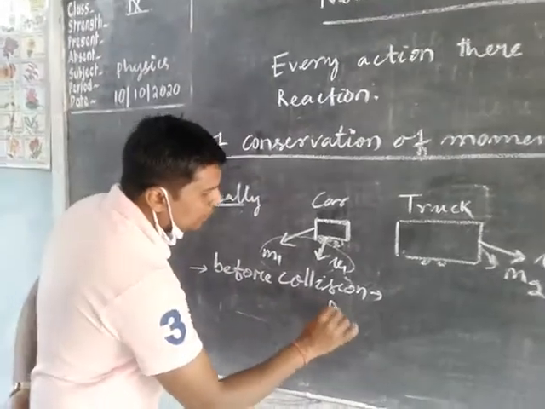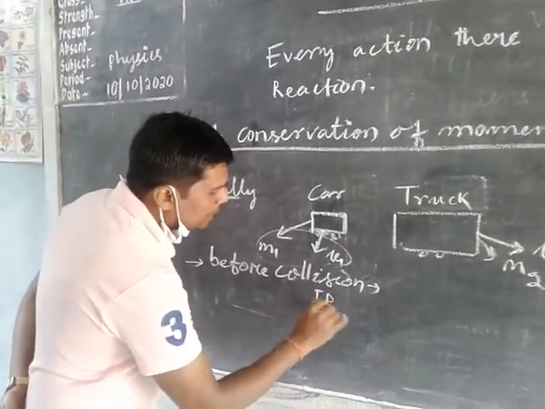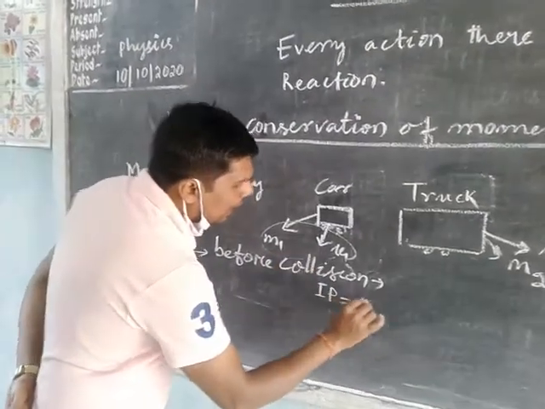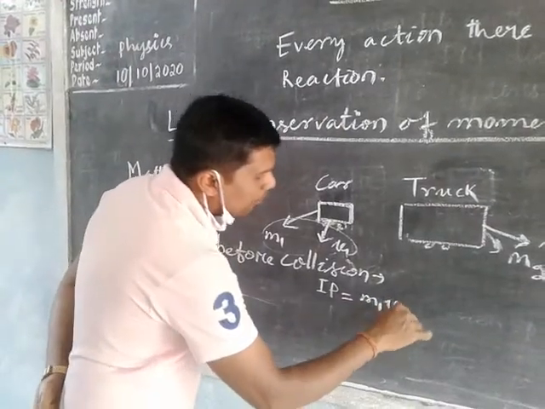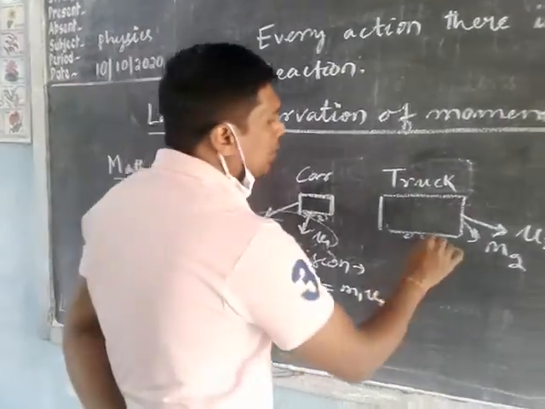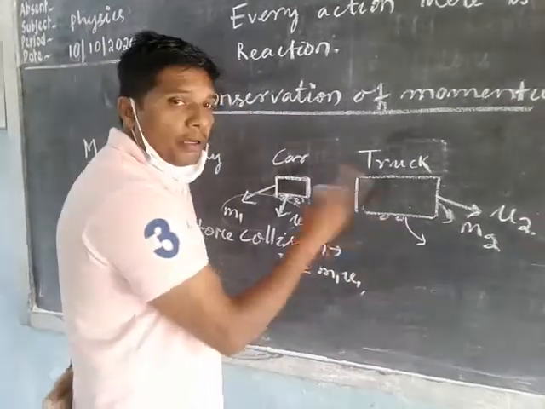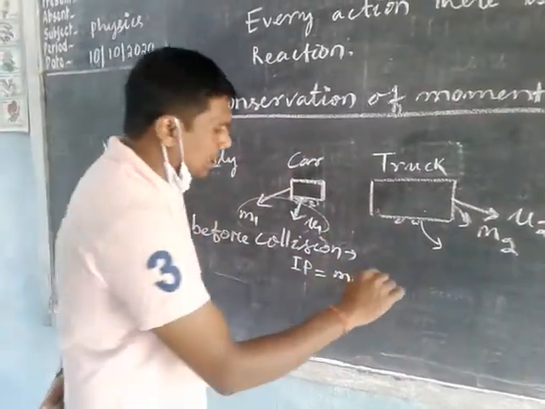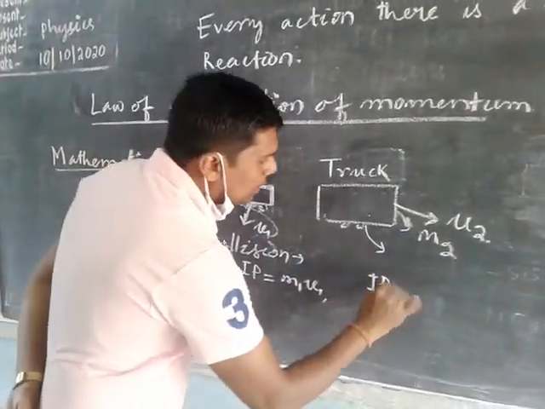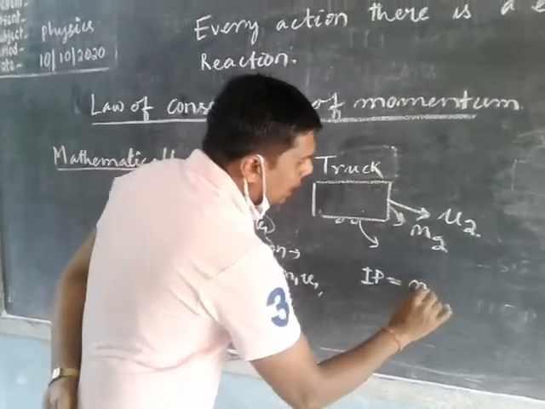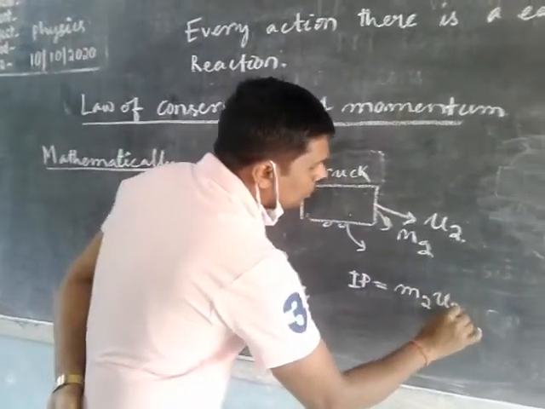Before collision, the initial momentum of the car is m1 u1. Similarly, the initial momentum of the truck is m2 u2.